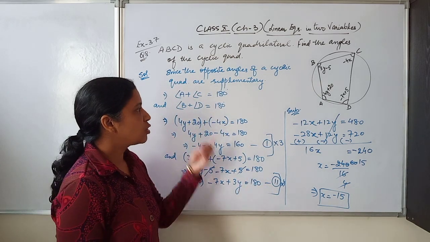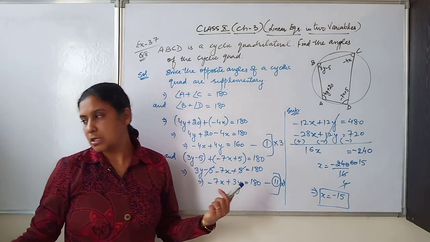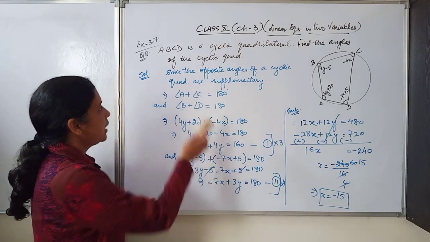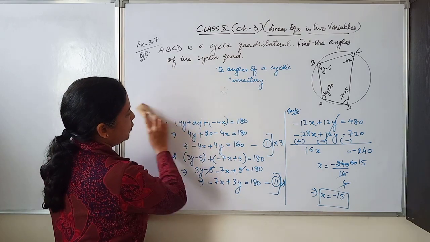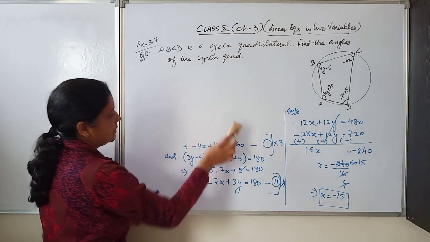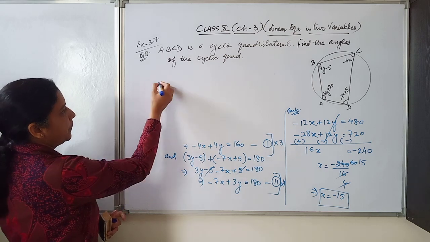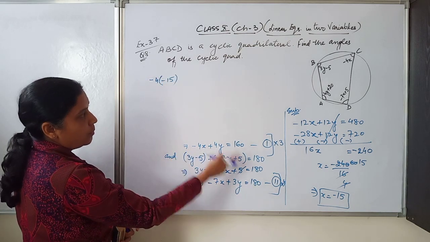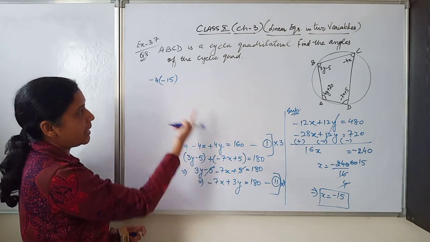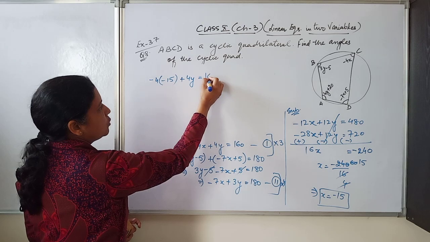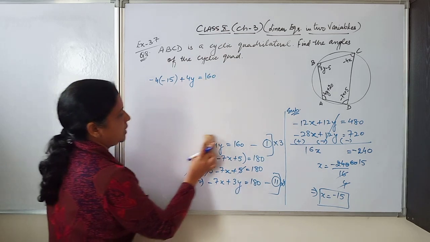This value is to be put in any one of the equations. You can put it in number 1 or number 2, as you feel like. I am going to put it in equation number 1. Let's simplify. I'll be getting minus 4 into minus 15, x replaced by minus 15, plus 4y is equal to 160.